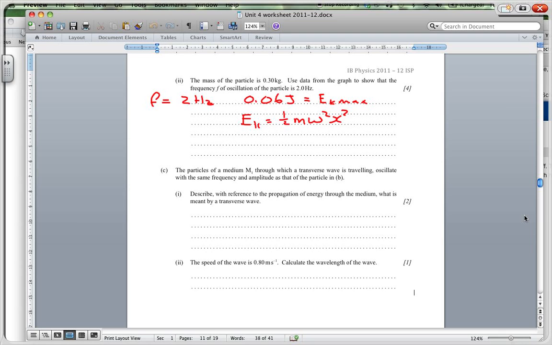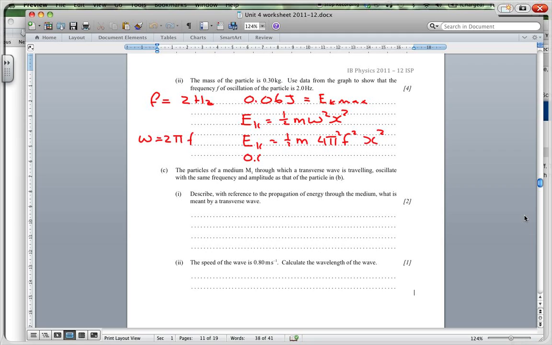If we put our formula that omega is equal to 2 pi f, we can write this as Ek is equal to 1/2 m, omega squared is going to be 4 pi squared f squared, and then we're going to still have an x squared, and from that we can calculate our frequency.